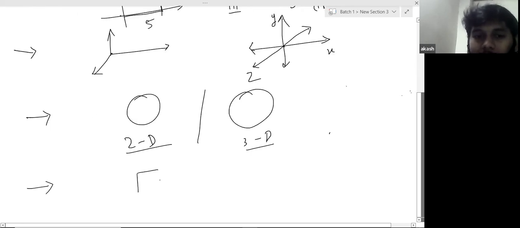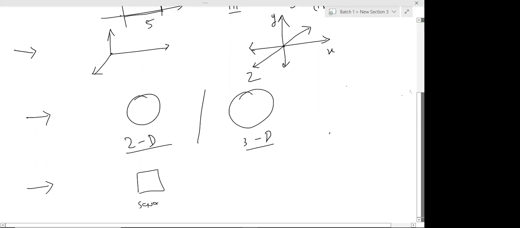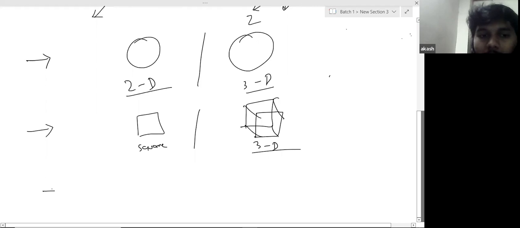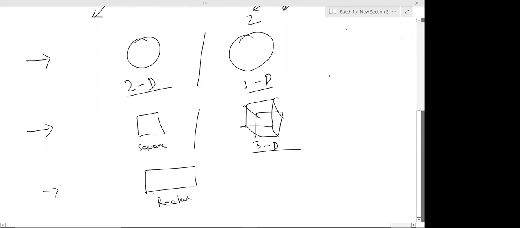If it is a square, cube. I can try to draw like this, but still this is a 2D figure, but you have to imagine. If it is a rectangle, cuboid.